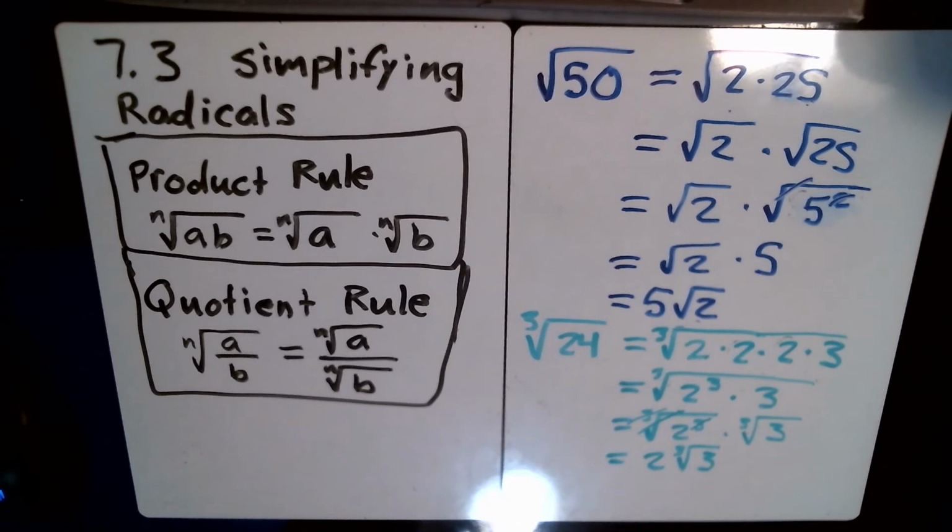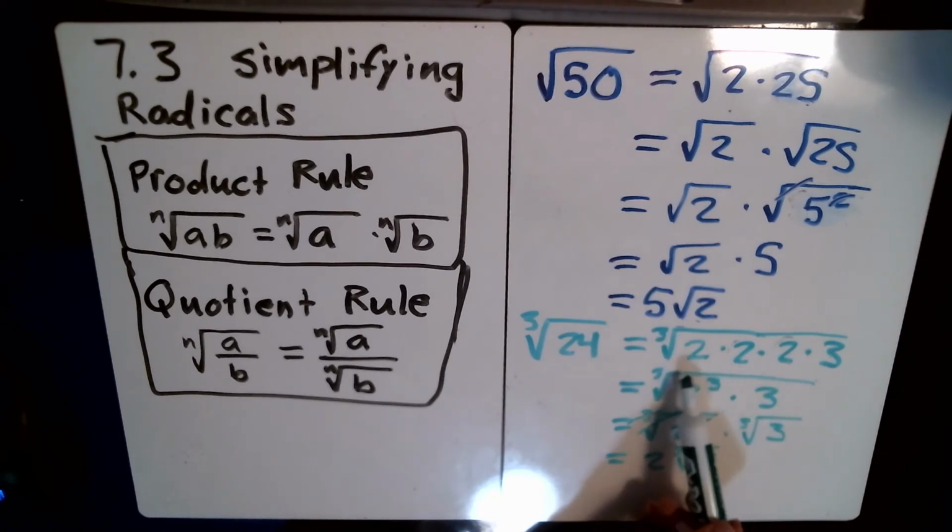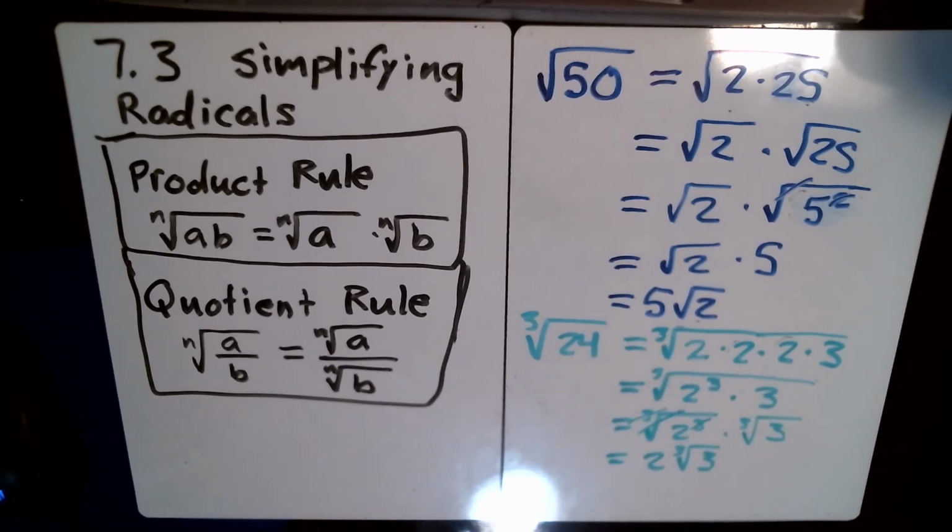And so again, we were able to simplify because there was a perfect cube, a number cubed, living inside of 24. And so we could simplify that. Okay? I'll just do one more example to help us solidify this a little bit more.